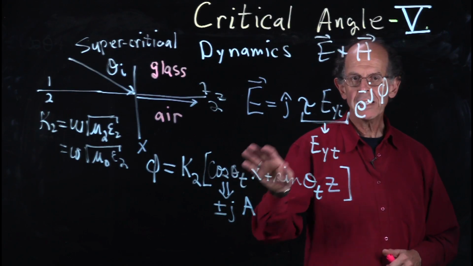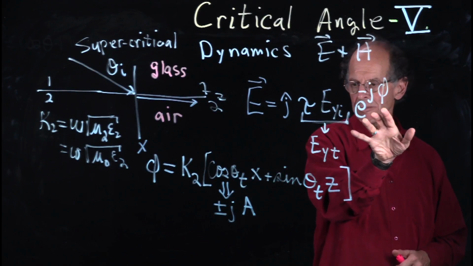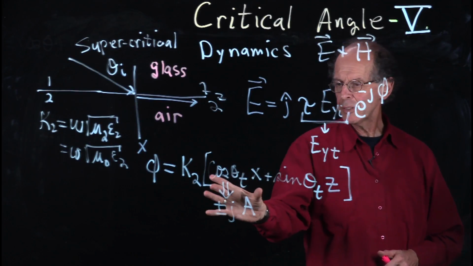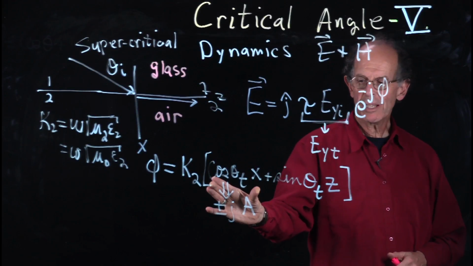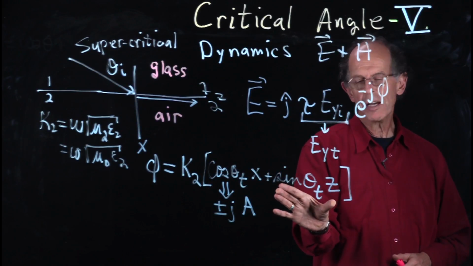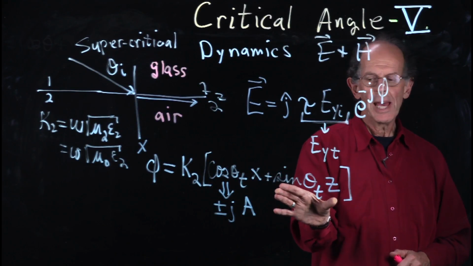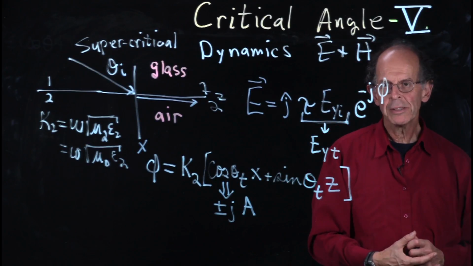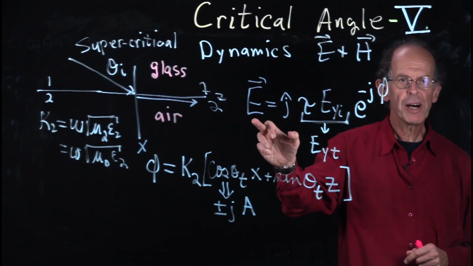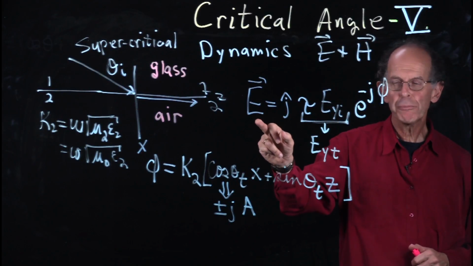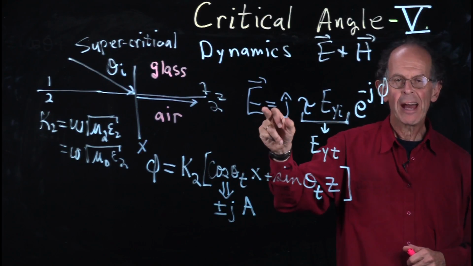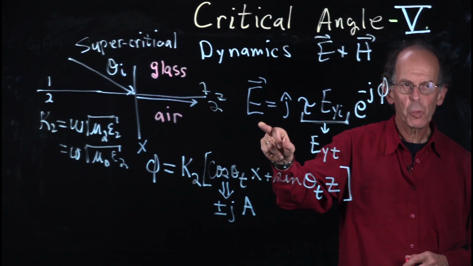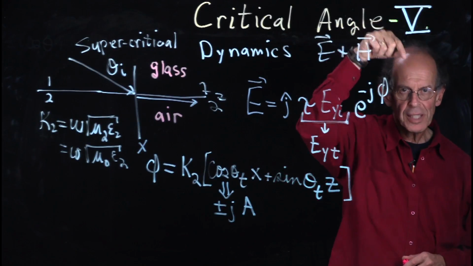When we pick the minus sign and we put that in for phi up here, we can see that we get a combination of a negatively decaying exponential times an oscillating piece. We're going to look at that algebra in a little more detail in the next panel. After that, when we get the final form for E, we'll compute H. After we get H, we'll compute the energy transferred away from the interface in the x direction.